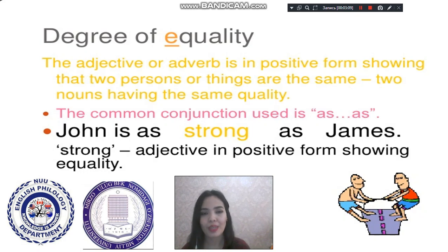So the adjective between as should be in positive degree, in its first form. So look at the example. John is as strong as James, or Sevinch is as clever as her mother. So in these examples, as you saw, we are showing you that two people are equal.